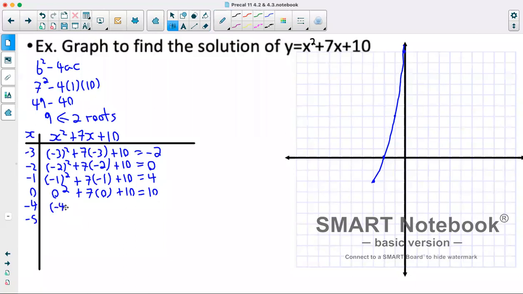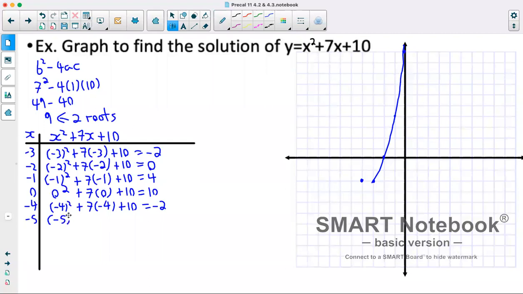So we have negative 4 squared plus 7 times negative 4 plus 10. So negative 4 squared is 16. 7 times negative 4 is negative 28. So 16 minus 28 is negative 12 plus 10 is negative 2. So at negative 4, we are at negative 2.